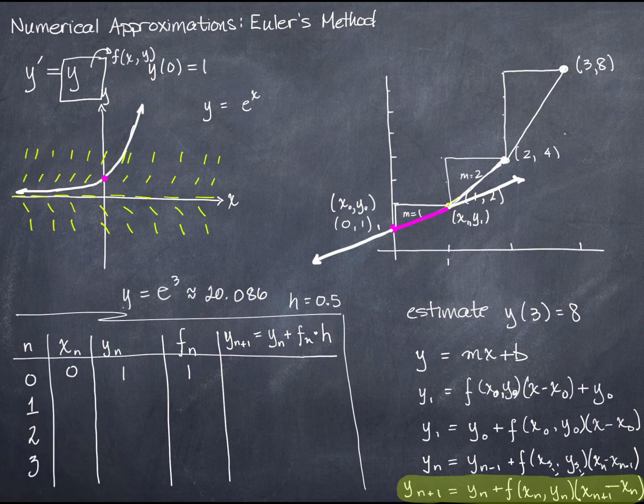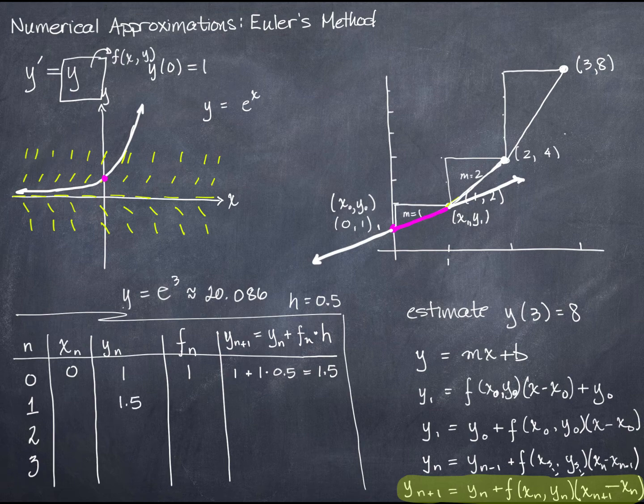So I'm going to have y sub n plus f sub n at that point times 0.5. That is equal to 1 plus a half, which is 3 halves, or 1.5. Now, this is my y sub n plus 1. So in my next iteration, that becomes my new y value, 1.5.